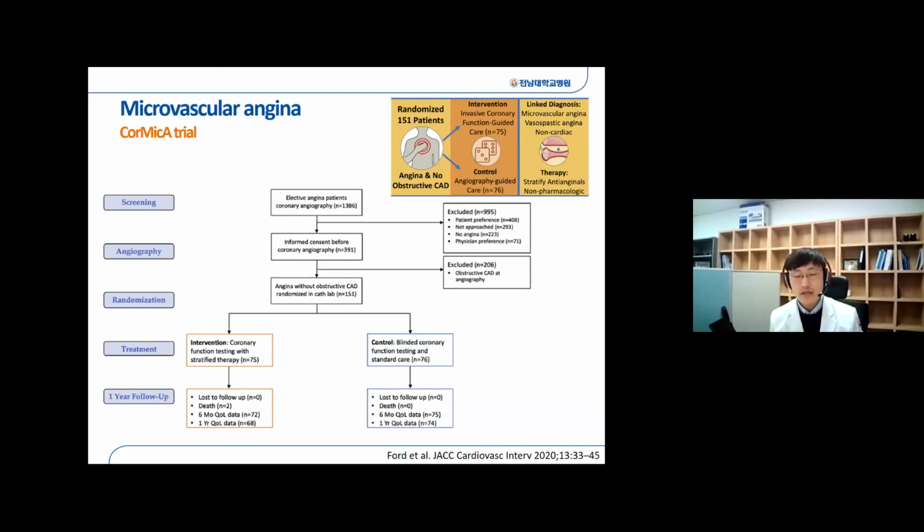I could not remember the names of the medicines in this presentation, but they used the expression of stratification of medical treatment. So probably there was a certain difference in the medicine prescription according to the functional testing.